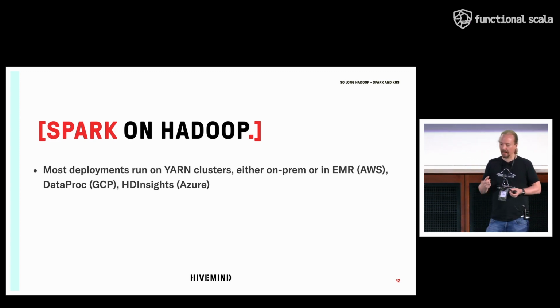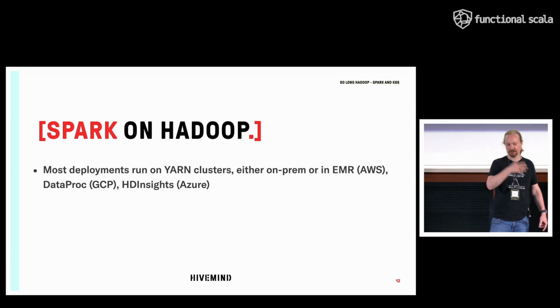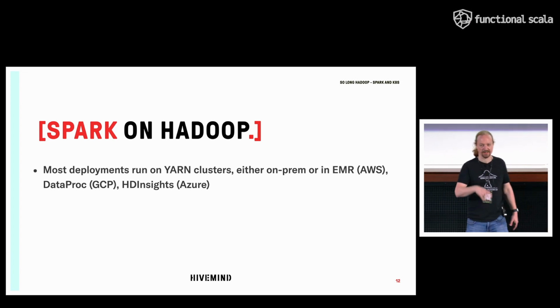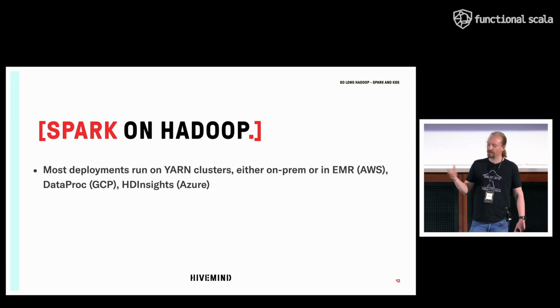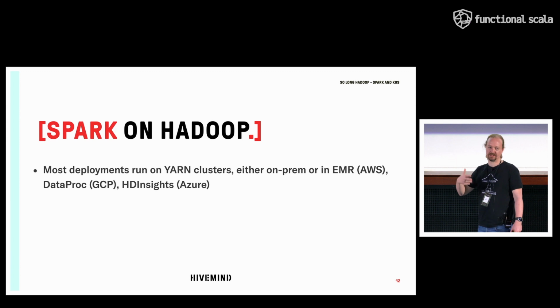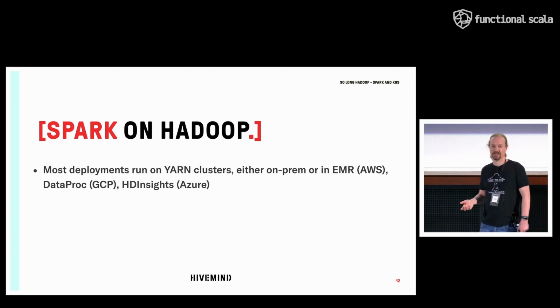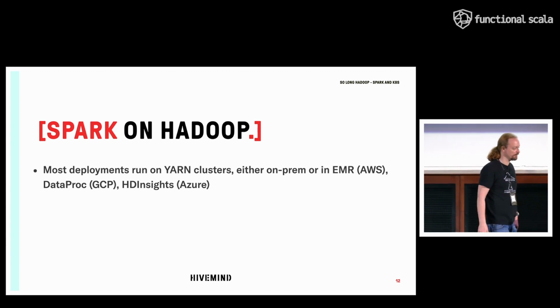Most companies run their Spark jobs either on an on-prem cluster with a Hadoop distribution such as Cloudera, or they run that in the cloud in the specific Hadoop managed service environments that exist, be it EMR or Dataproc or HDInsight in the different cloud providers.